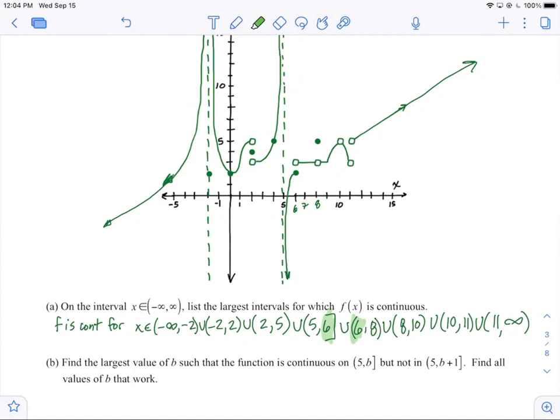You just hop on the graph and move from left to right until you hit a discontinuity. And when you hit a discontinuity, then you just ask yourself, am I ending at a point? If so, include it. If not, don't include it. And then you start on the next bit of the road. Can I include it or not?